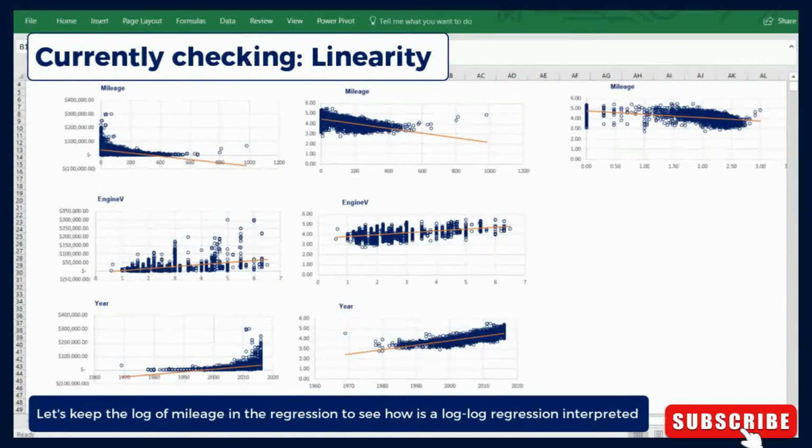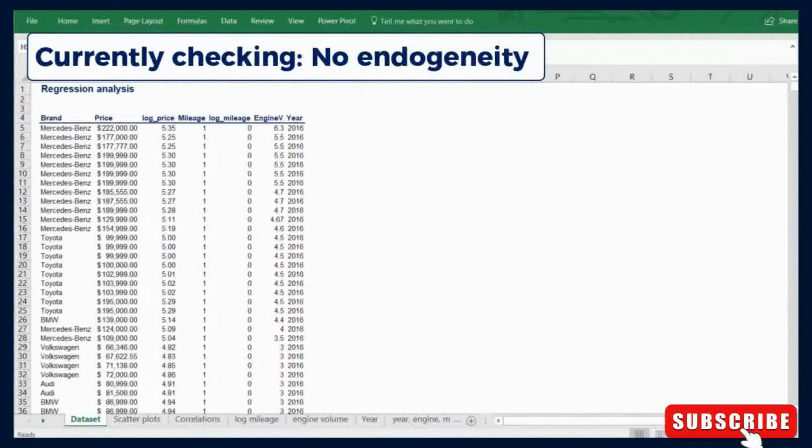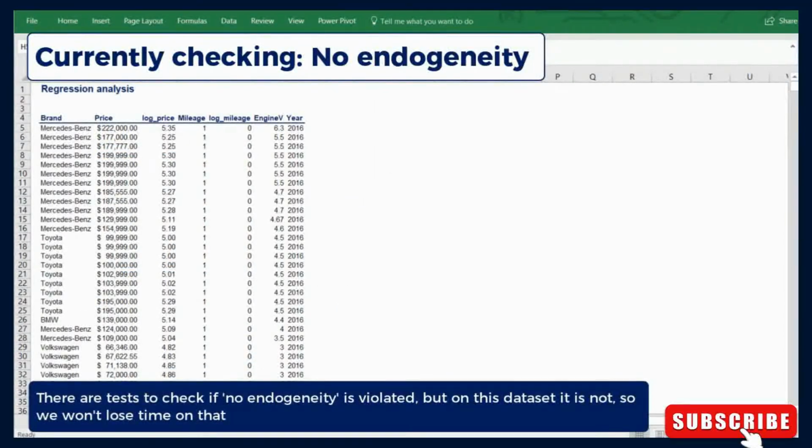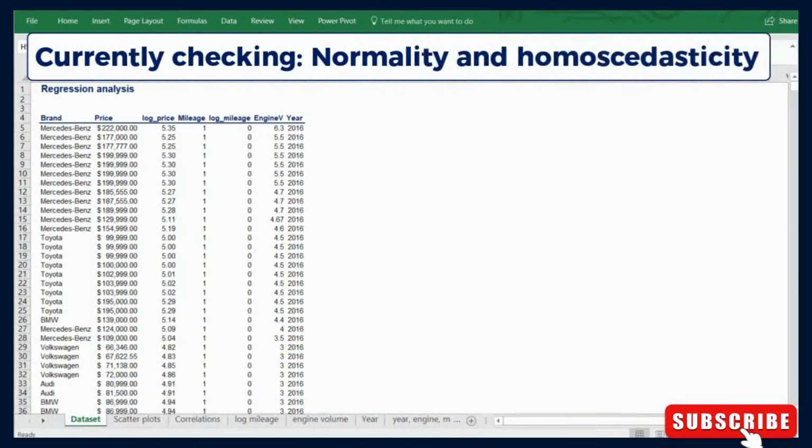Superb. Next, we have to deal with the no endogeneity assumption. There are tests to check if it is violated, or one can take the residuals and find their correlation with each independent x. I can tell you that the assumption is not violated, so it is of no interest. The third assumption had several parts.